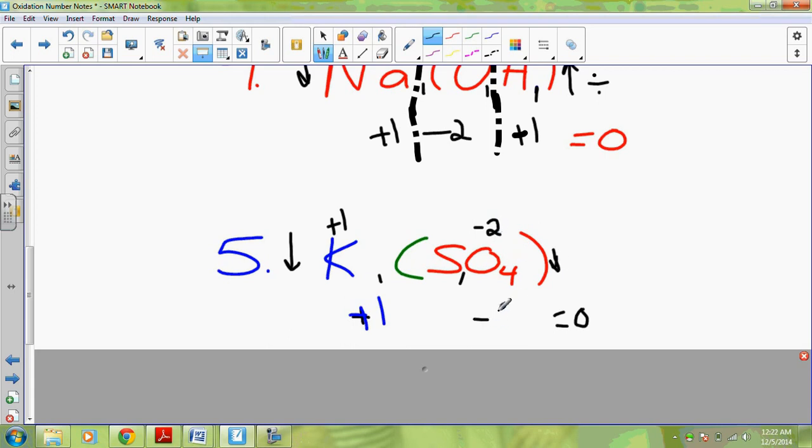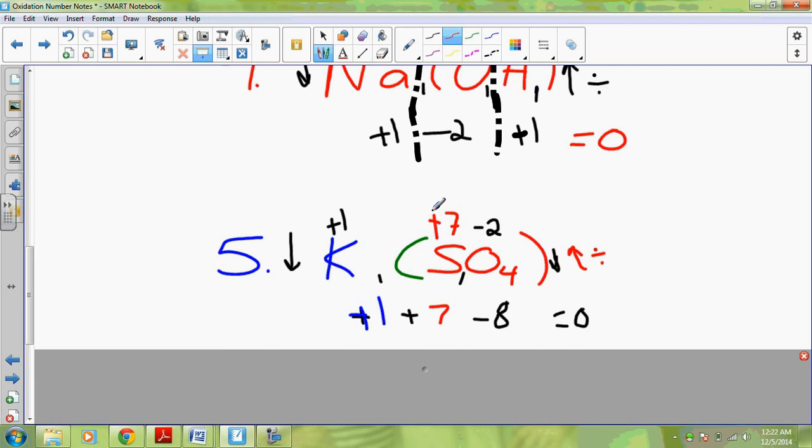This is -8. So we do some math. You have -8, you got a +1. You got to make it equal to 0 on the other side, so you should need to add. Very good. It is +7. And if we go up, remember, we divide. So we do 7 divided by 1 is +7.